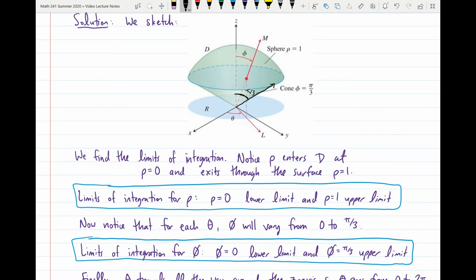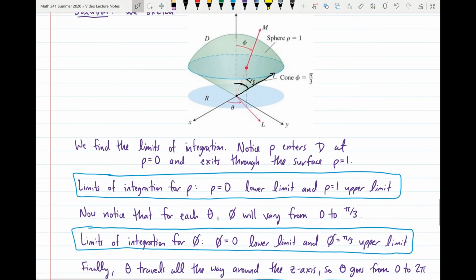So notice that rho is going to enter our region D at rho equals 0. If we take any ray M starting at the origin and go up through our region D, the moment we start, we're already inside our region because our region is touching the origin.